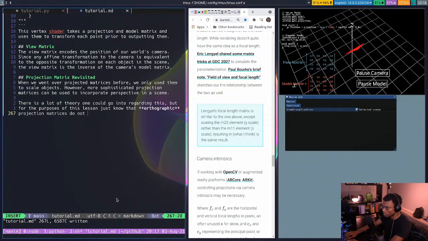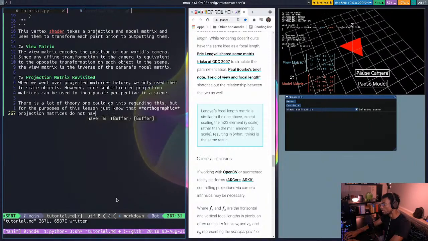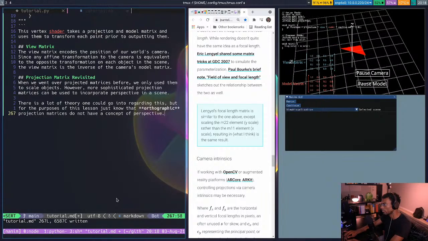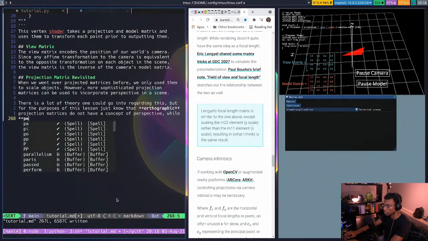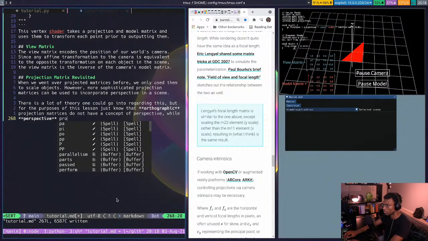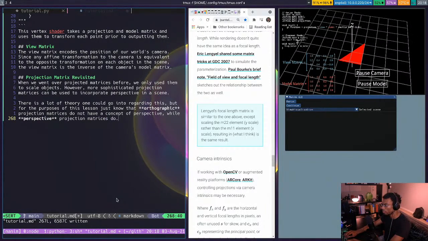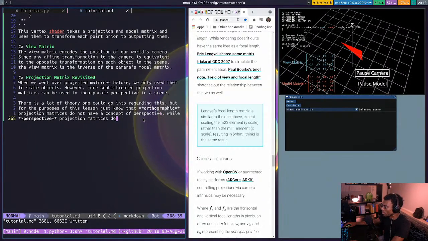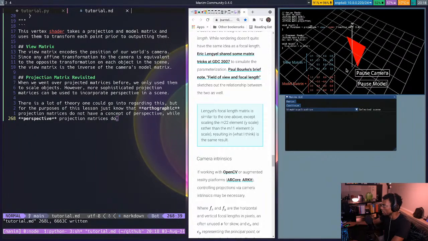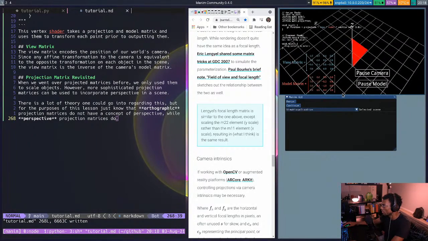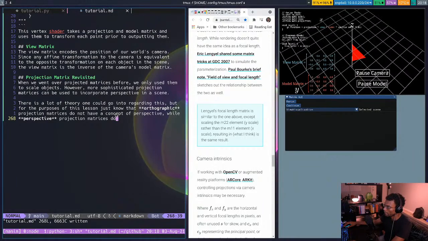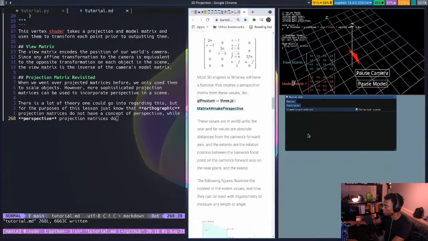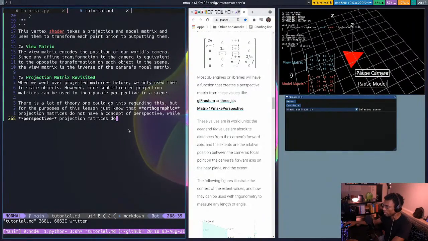Okay, orthographic projection matrices do not have a concept of perspective, while perspective projection matrices do. It'd be pretty useful, I think, to have an example of something using an orthographic and a perspective matrix.